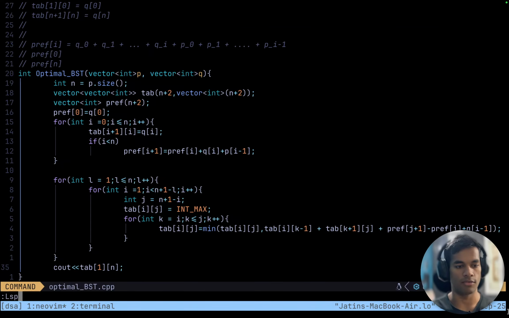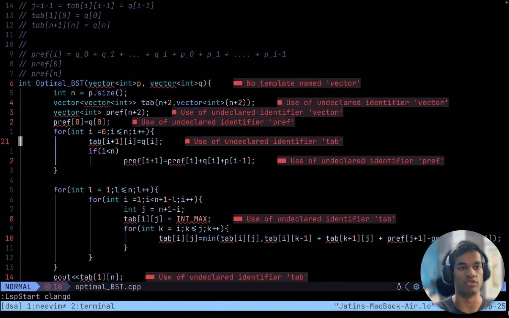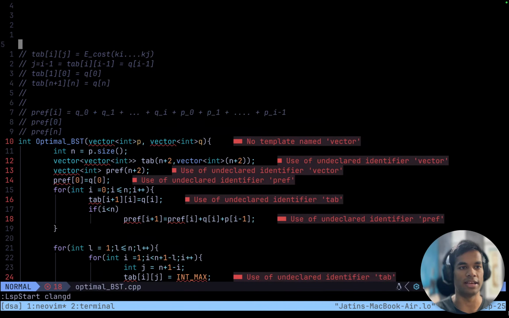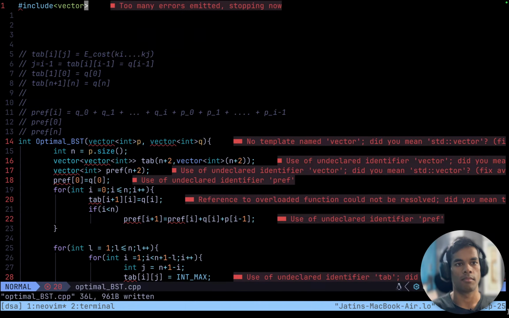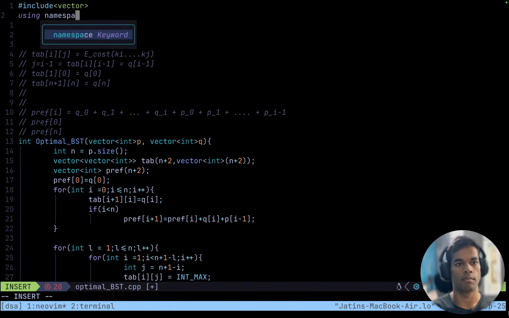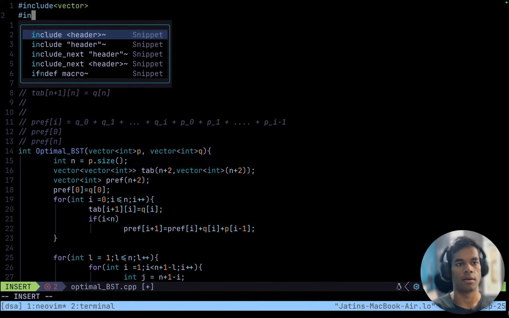Let's see if I have any error. Okay, I do have a bunch of errors because I haven't included anything. That makes sense. Moving and include.